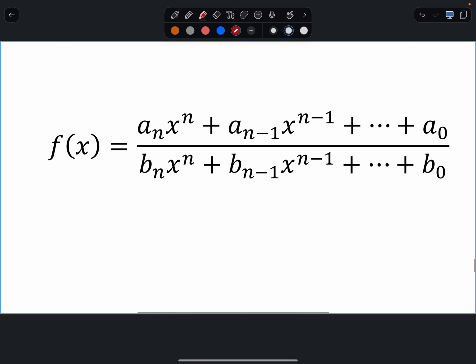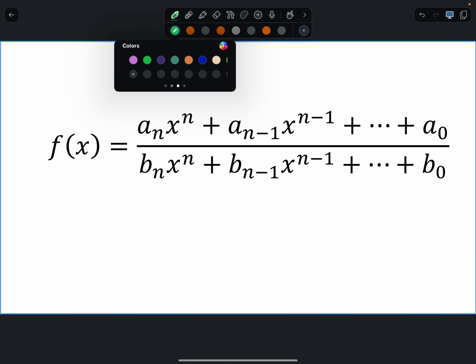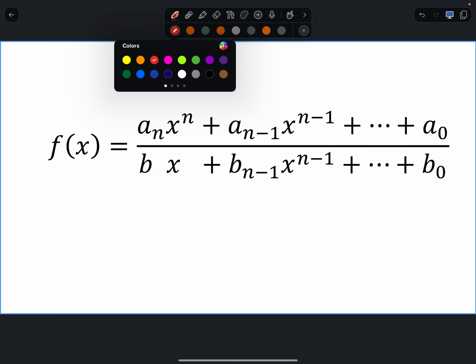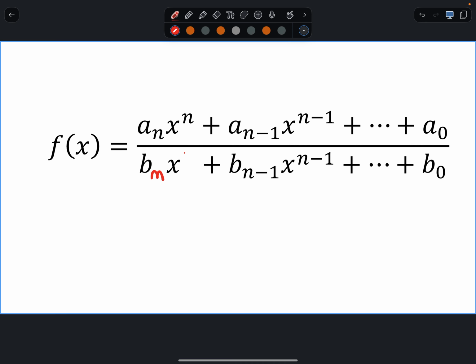These exponents do not have to be the same. Let's make this into M. I'm going to write it in red so you can tell that's where I edited. Just add an M to it. There you go.